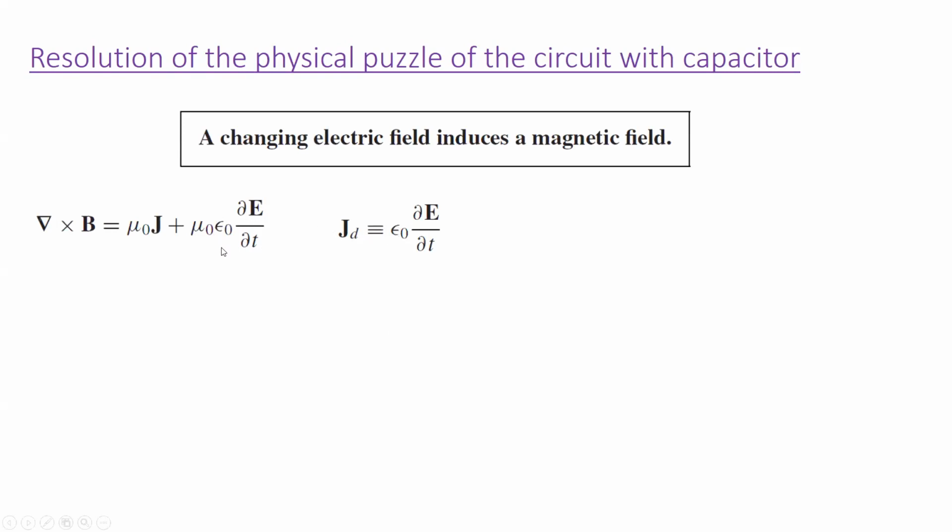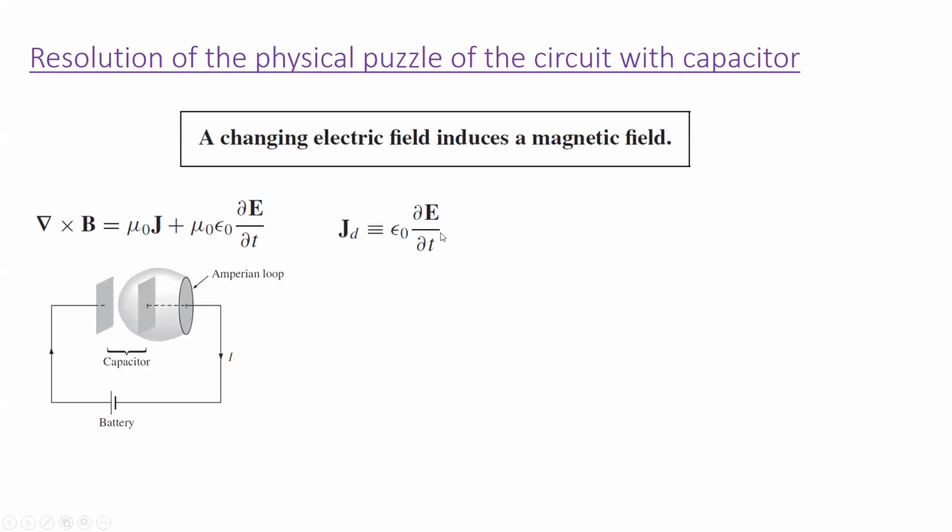So it's whatever is multiplying mu naught times the physical current plus mu naught times the effective displacement current, which comes about from the rate of change of the electric field.